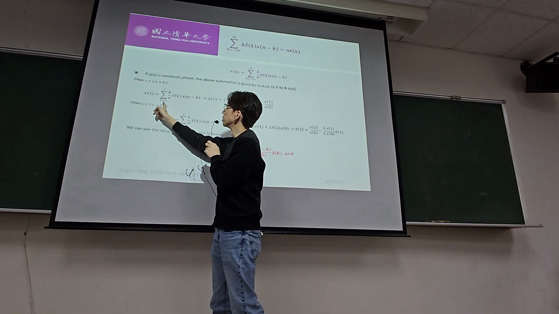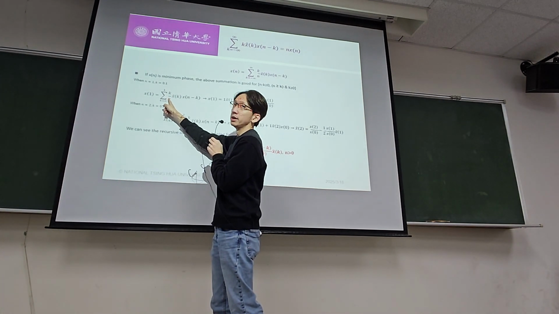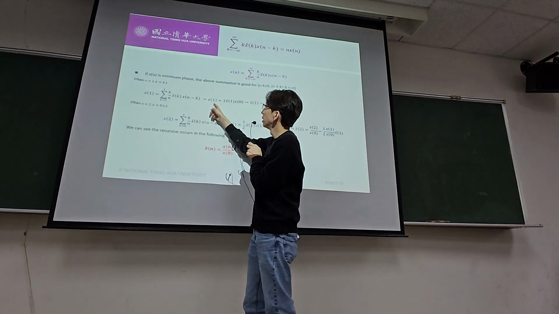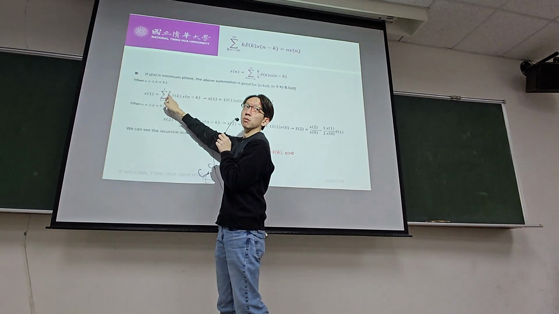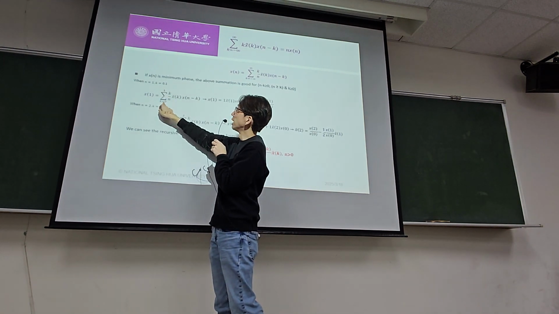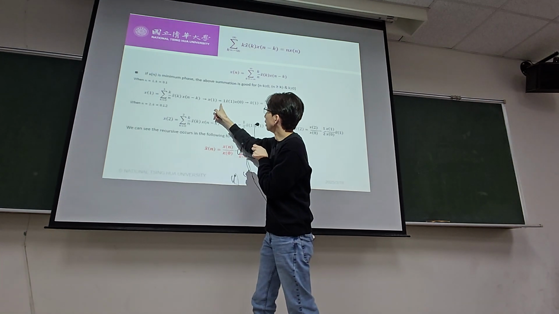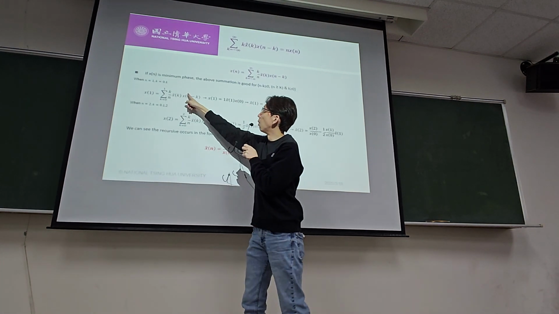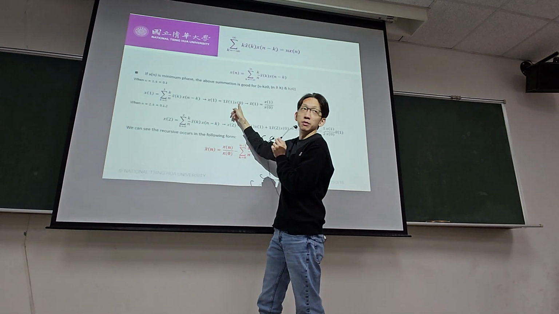So x of 1 equals the summation for k from 0 to 1 of k divided by n, x hat of k, x of n minus k. Plug in k equals 0 and k equals 1. If k is 0, this whole term goes to 0. If k equals 1, then x of 1 equals 1 times x hat of 1 times x of 1 minus 1, which is x of 0.